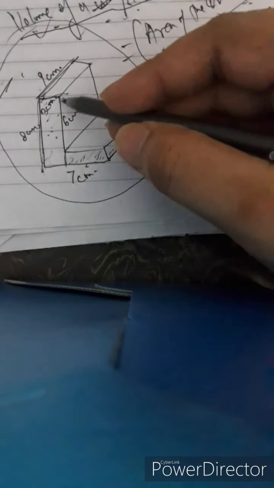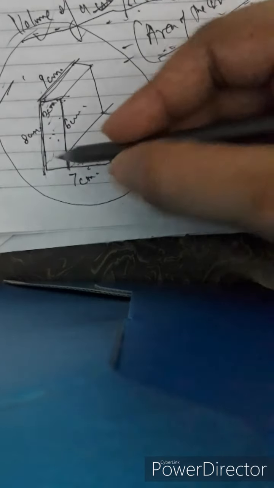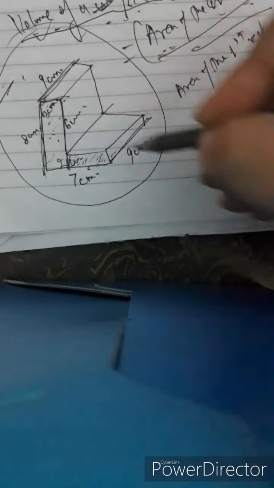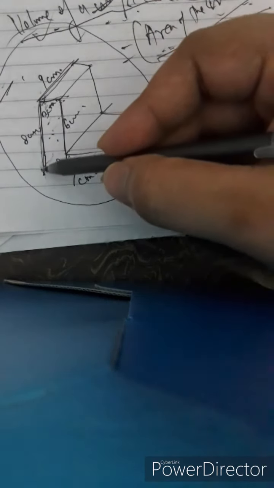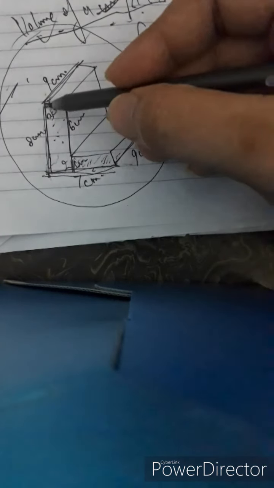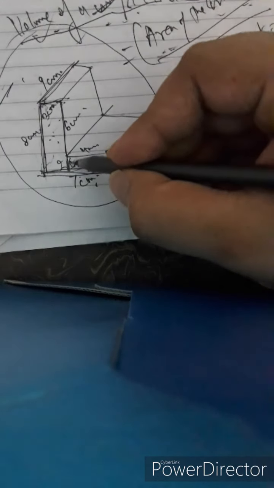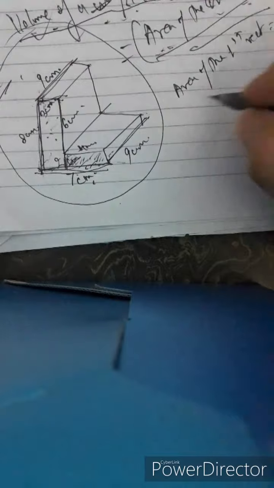Now you can see this is 8 and this is 6, so this becomes 8 minus 6, 2 centimeters. This whole is 7, and this is 3, so this becomes 7 minus 3, 4 centimeters. So this smaller rectangle is 4 into 2.